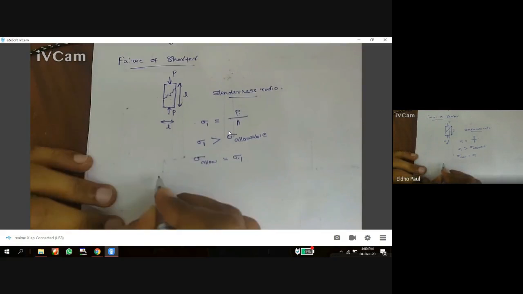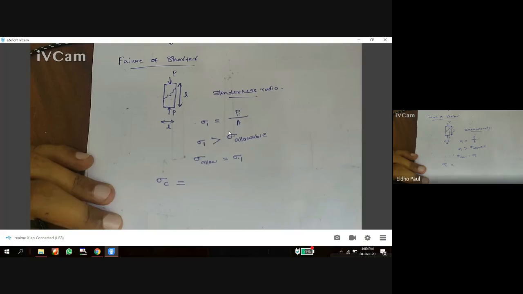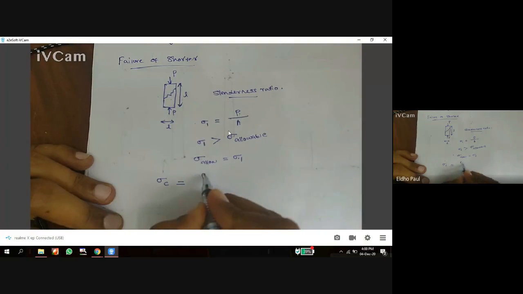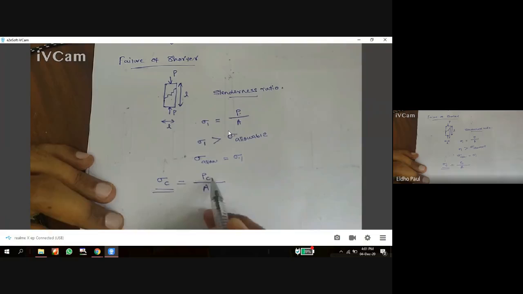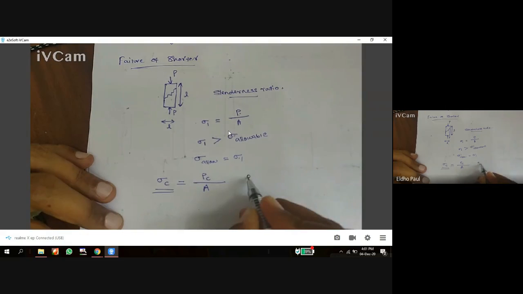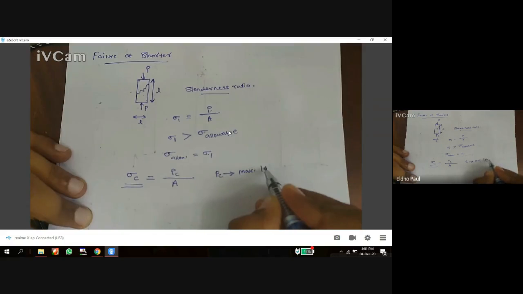And then we can say sigma C, the crushing stress, corresponding to the crushing load PC, and the area of cross section of the column is A. So crushing stress sigma C is equal to the crushing load divided by A. So PC is the maximum load carrying capacity of the short column.